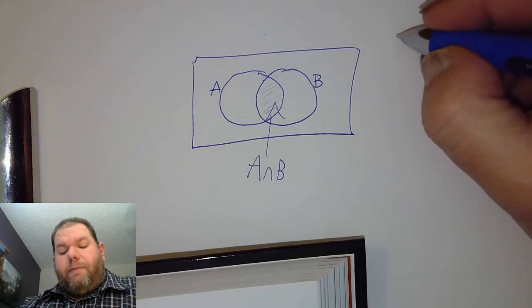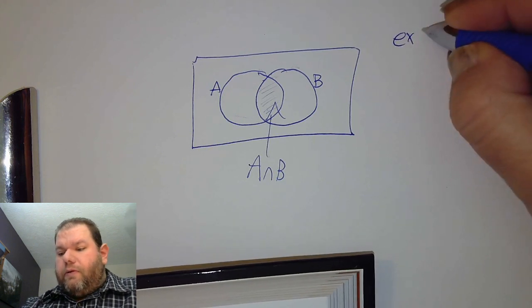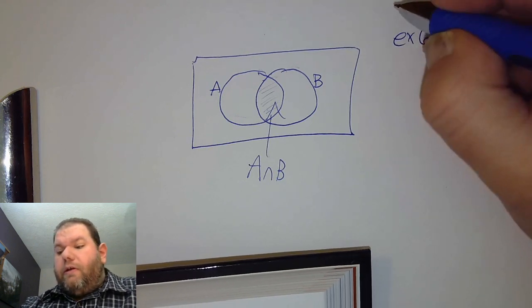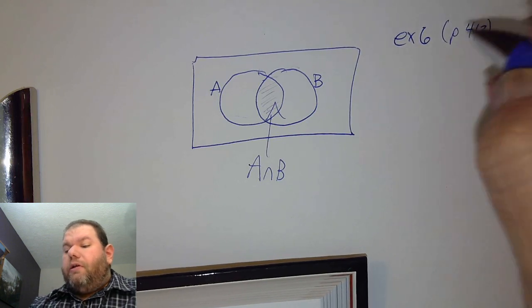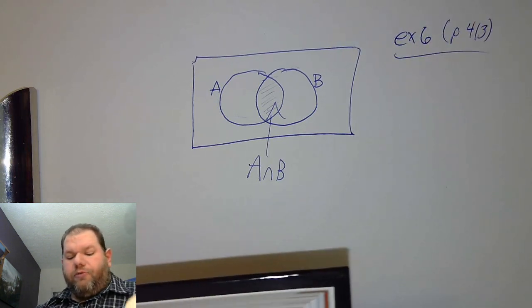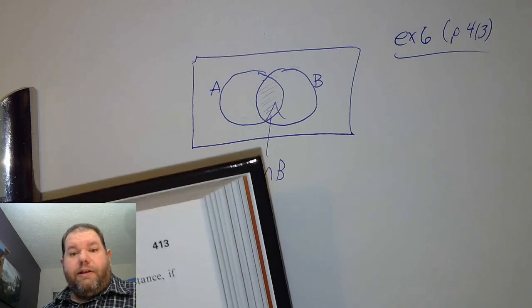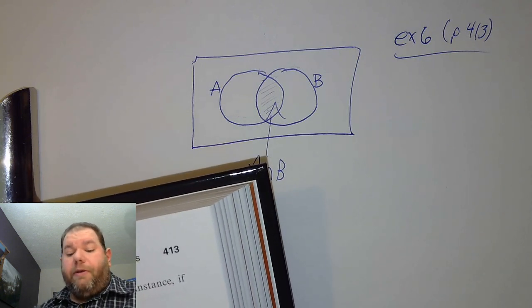So this is example 6 on page 413. There's other examples in the homework, but this is a relatively short one that allows us to illustrate what's happening here.